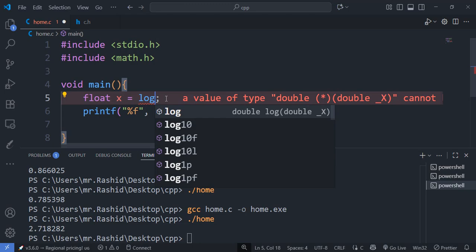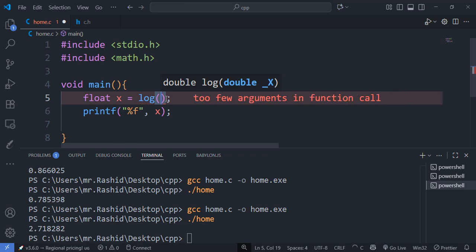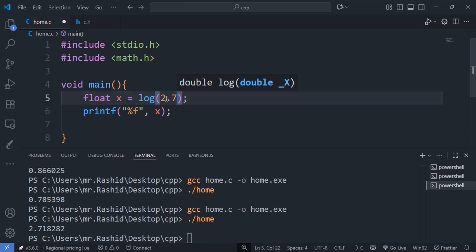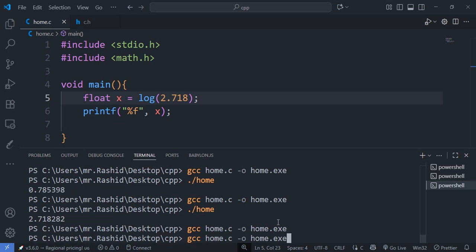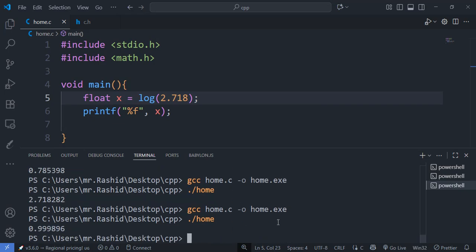So let us provide the natural log of 1.something, a floating point number, which I think will be around 1. Let us try. I don't know the exact answer, but let us try. Oh, we get 0.999, which is approximately 1. So we can use it like that.